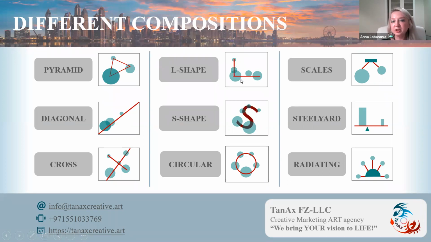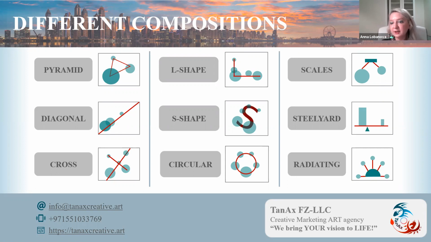Another common composition would be the S shape. A very good example of that, again, everybody knows different paintings of roads somewhere in the countryside, right? Those roads normally go like that, and that's a classical example of S composition. Finally, circular composition. Circular composition is very much used in Asian art.